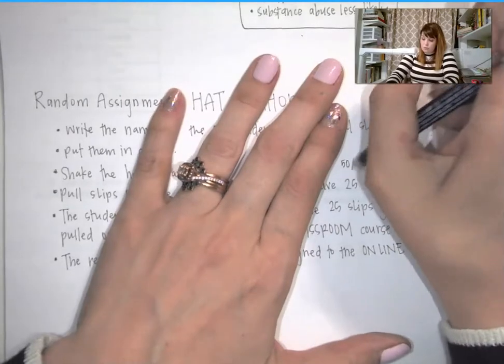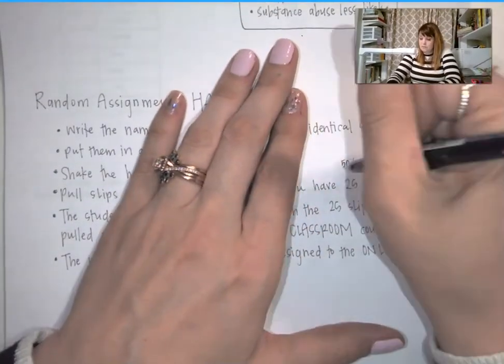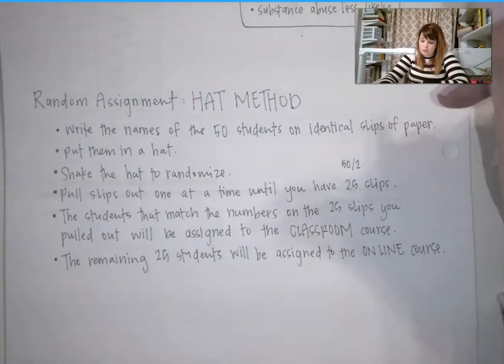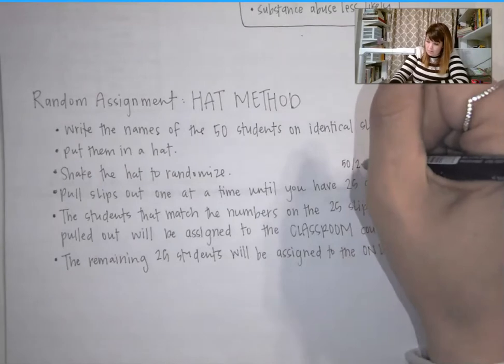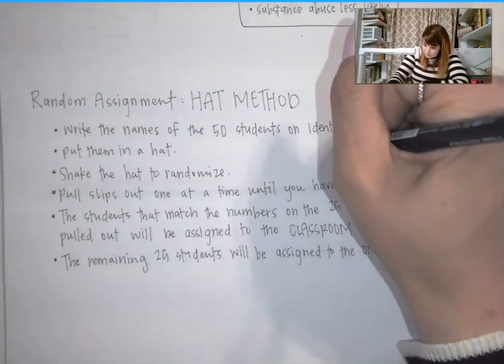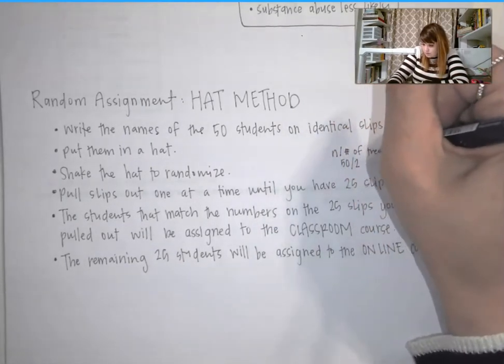So that's 2. That's going to tell me how many people I need to put in each treatment. So this 25 comes from N divided by the number of treatments.